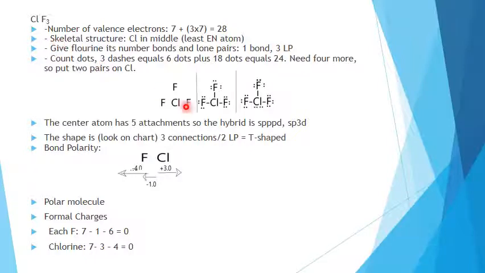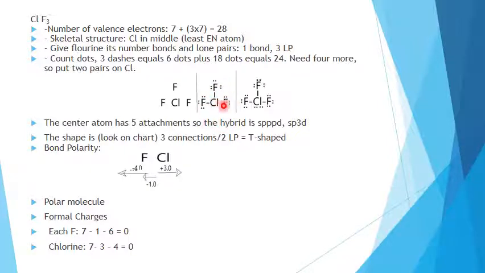You put chlorine in the middle because that's the least electronegative. And then you give fluorine its bonds and lone pairs. Each fluorine has 1 bond and 3 lone pairs. You count them up, so this is that structure right here. So 2, 4, 6, 8, 2, 4, 6, 8. So this structure has 28. Not 28. It has 24.